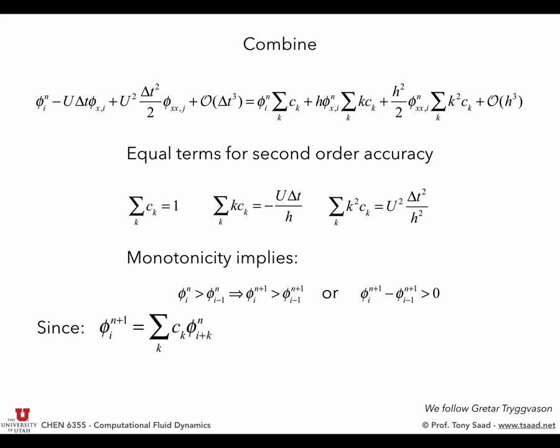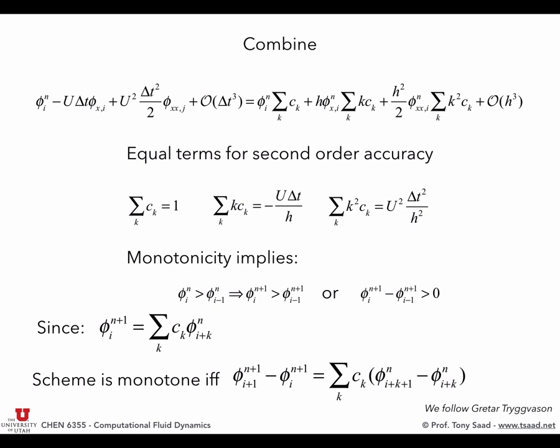Okay? But since phi_i^(n+1) is sum c_k phi_{i+k}, then the difference, right? So phi_{i+1} is, we're going to add a plus 1 over here. Then you get this difference is going to be equal to sum c_k times phi^n at i+k+1 minus phi^n at i+k. But we just assumed that the state at n is monotonically increasing. So this guy is positive, right? Okay. So what does this mean?